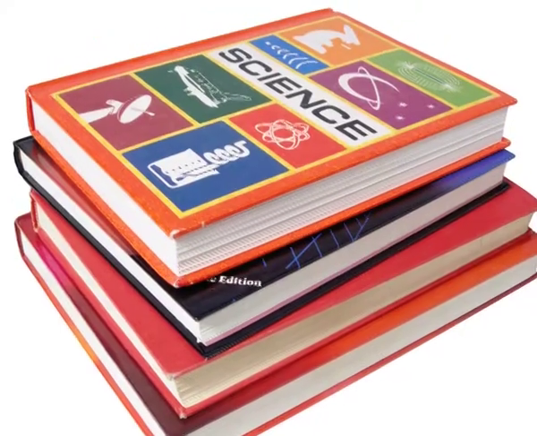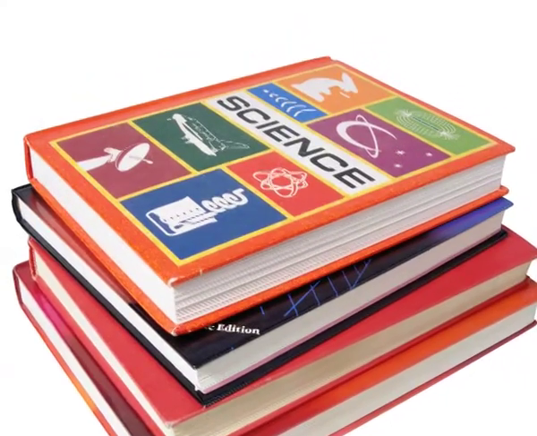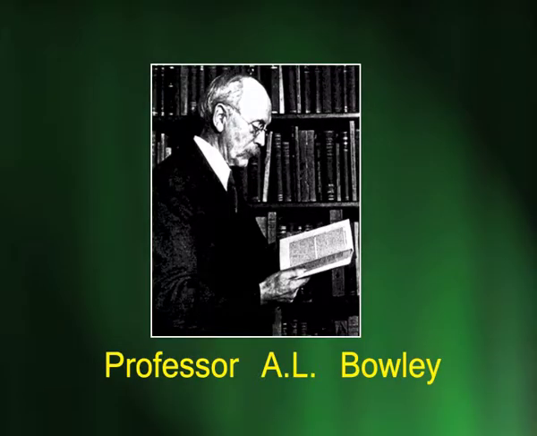Statistical science has developed over a long period of time like any other subject of science or humanities, and during this process a number of definitions have been given by different authors. Professor Bowley himself gave several definitions of statistics.